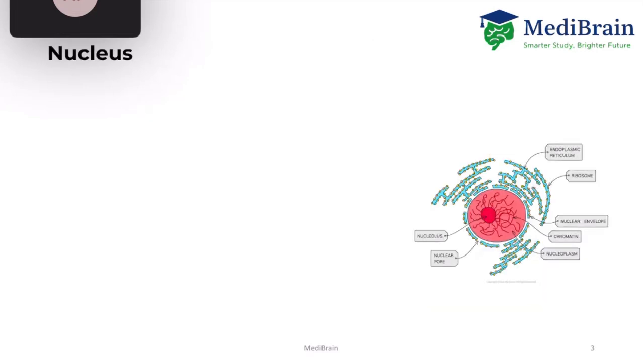Starting off, we're going to look at the structure of the nucleus. We've looked at cells, eukaryotic cells, and prokaryotic cells at GCSE, and at A level.